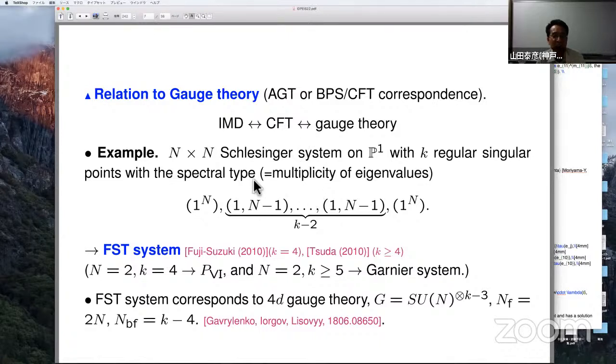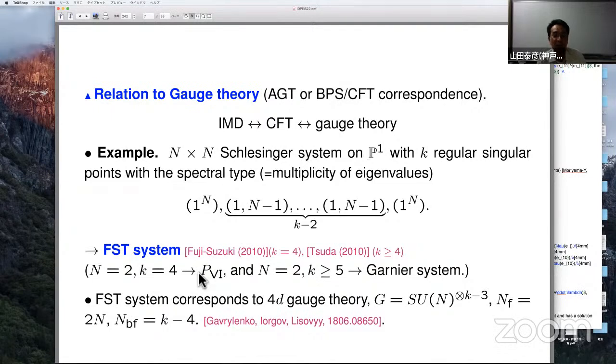For example, we consider the n by n Schlesinger system over P1 with k regular singular points, and 2 of them are generic singular points, and the remaining are so-called minimal punctures, or rank 1 matrices. Then the corresponding isomonodromic deformation is known as the Fuji-Suzuki or Tsuda system.